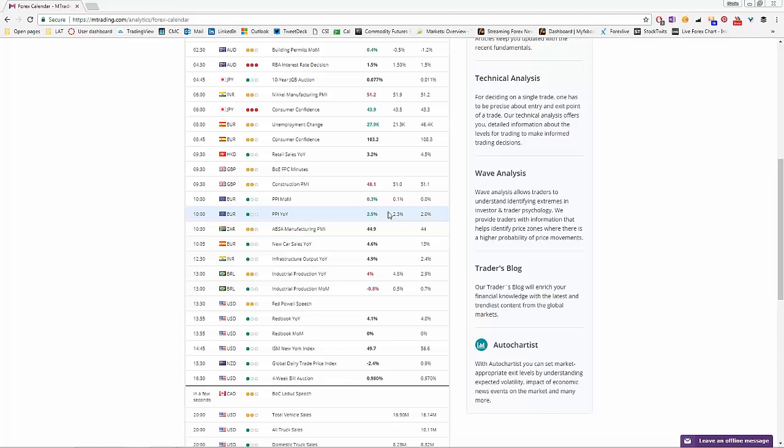I've seen many times that the data can be positive. As we've seen, this is 2.5%. It could be positive, and we actually see a negative move in that particular asset, for example the euro. That's largely because the original sentiment was that we would hit the 3% level.